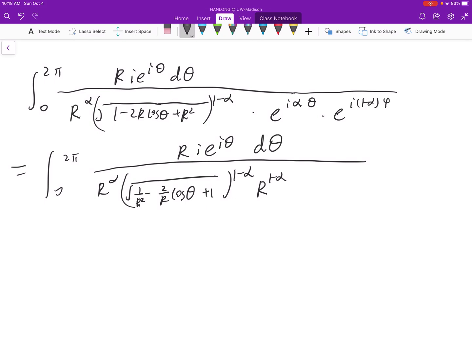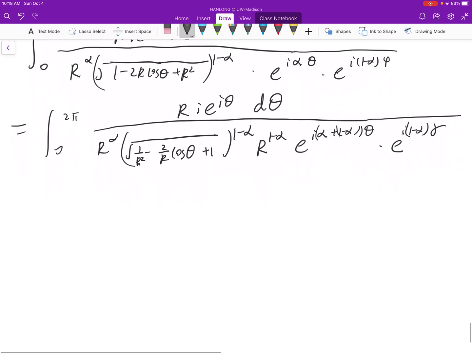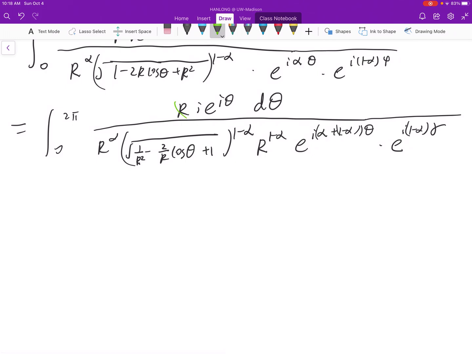And here you have e to the I alpha plus 1 minus alpha theta times exponential 1 minus alpha gamma. Okay, now you have cancellation. Alpha cancels out with this. e to the I theta cancels out with this.